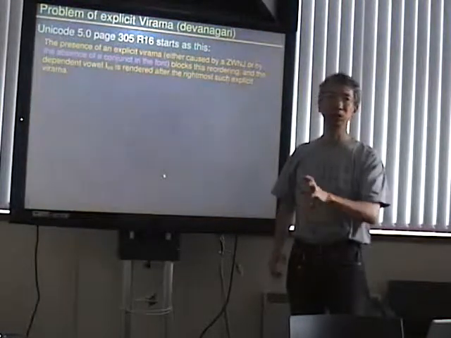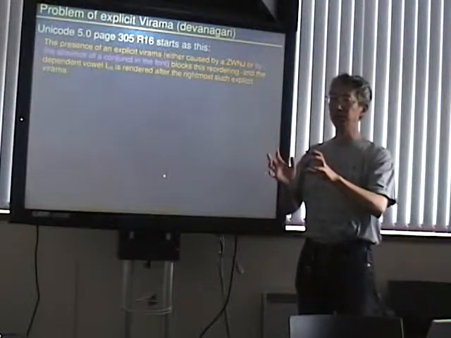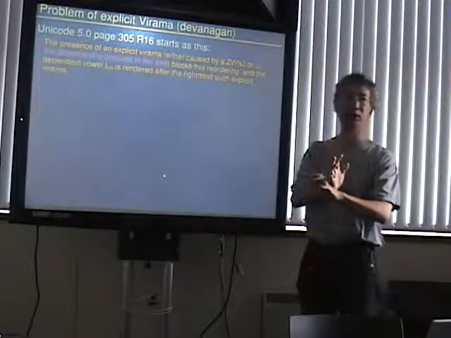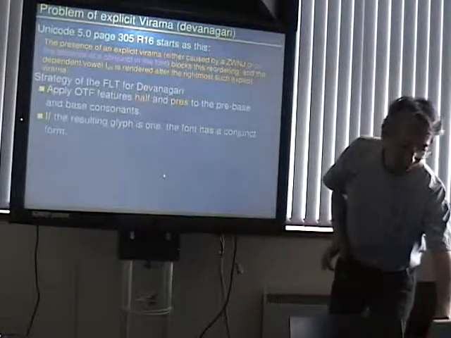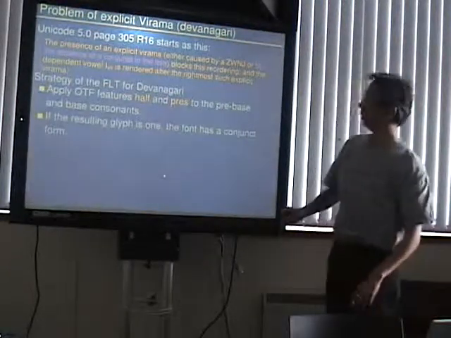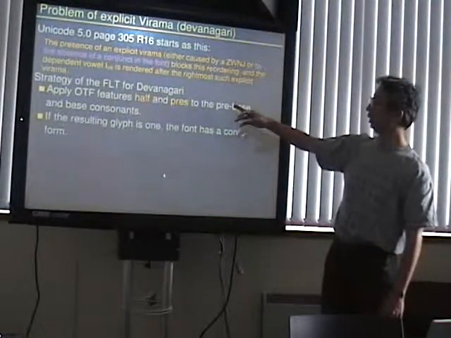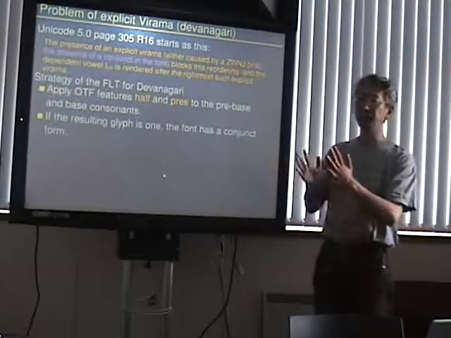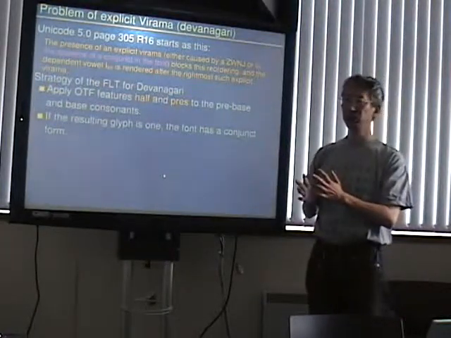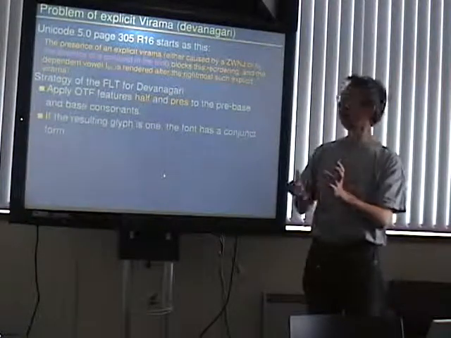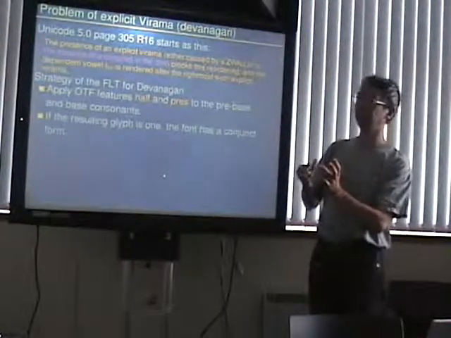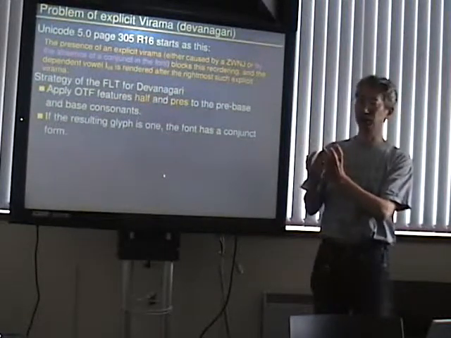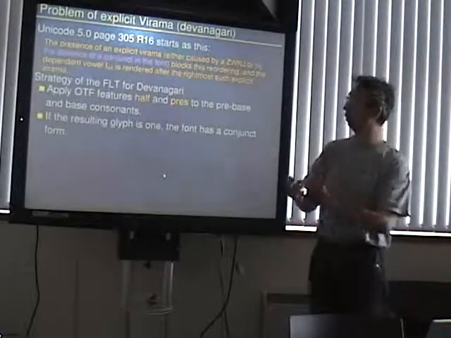So depending on the font, we must place the pre-base vowel in a different place. To do that, we apply OTF features and check the length of the resulting string. If the length is just 1, it means that there is a ligature conjunct form. So we move the vowel to before the conjunct form.